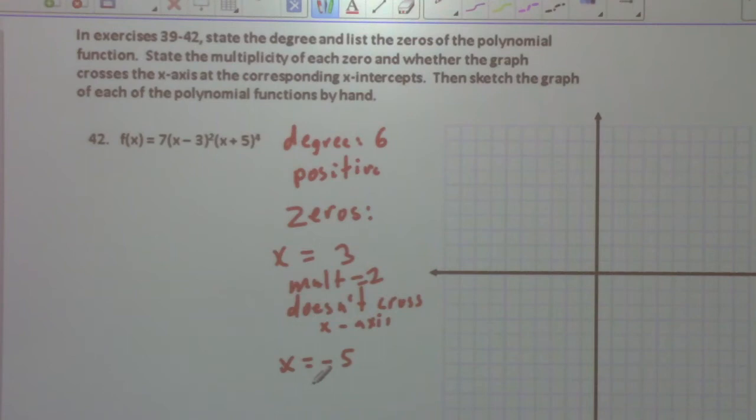This one here, x equals -5, multiplicity of 4, that crosses. Multiplicity equals 4, crosses the x-axis. Okay.